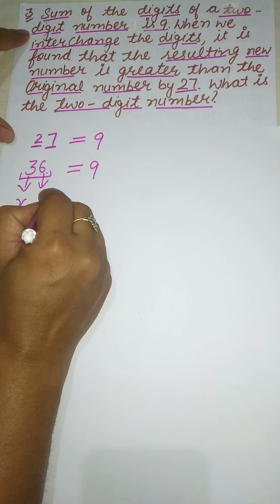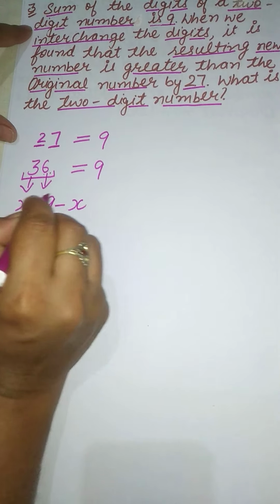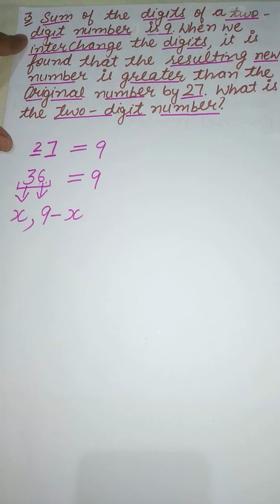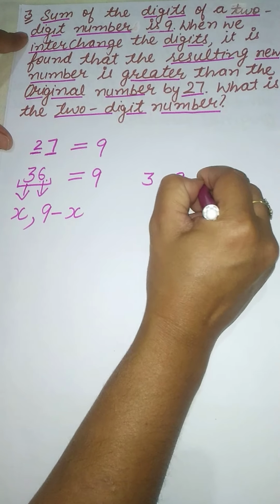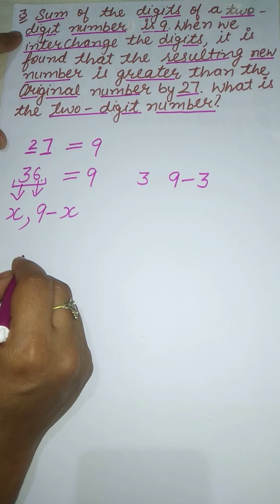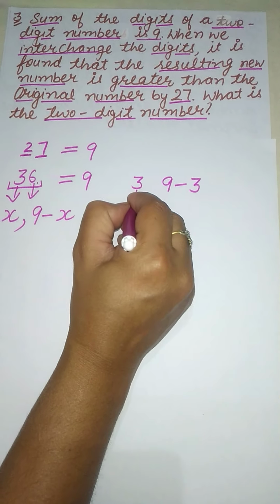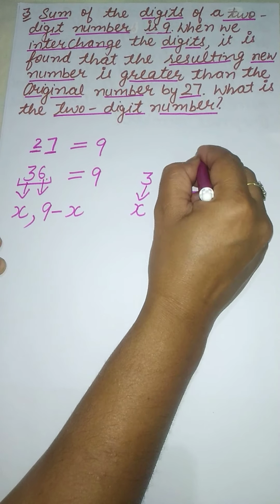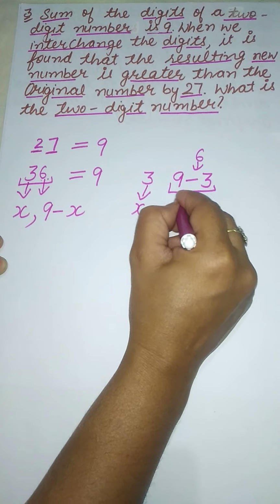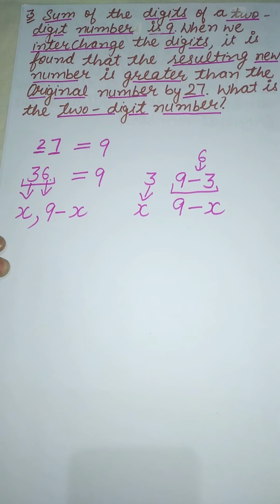It can be written as 9 minus x, that is, 3 as it is, and 6 can be written as 9 minus 3. That is, I have taken 3 as x and 6 as 9 minus x.